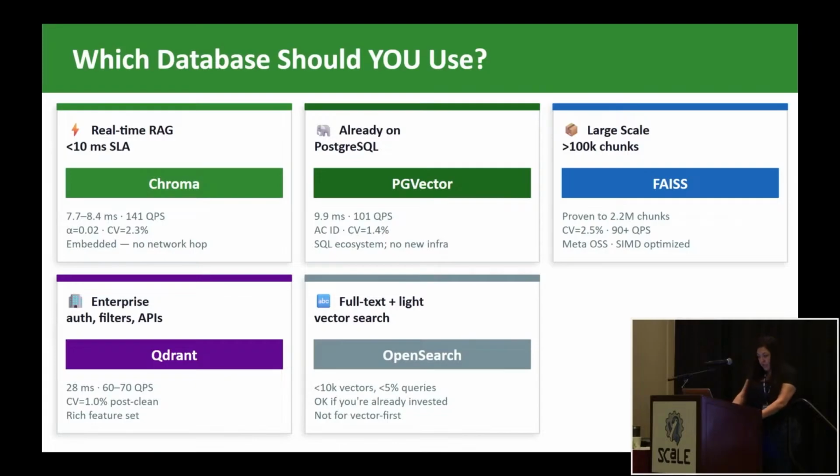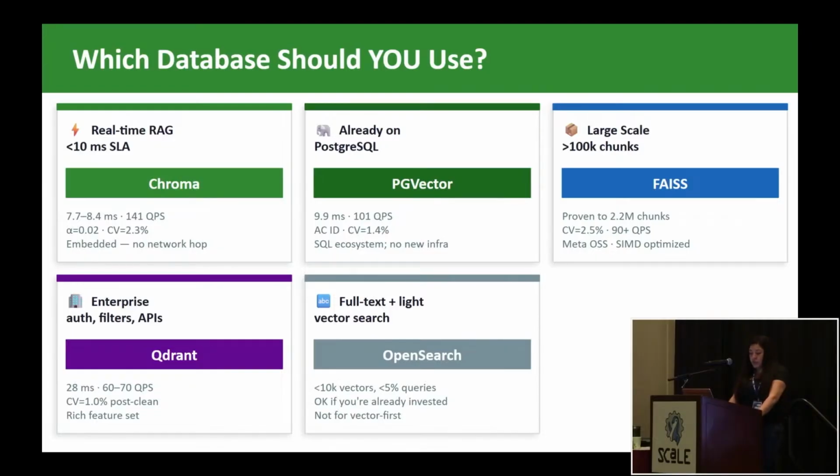Number 3, if you need to scale past 100,000 chunks, FIS is the only option we proved worked at 2.2 million vectors. And then if you need enterprise features, authentication, filtering, a rich API, Quadrant is our recommendation.